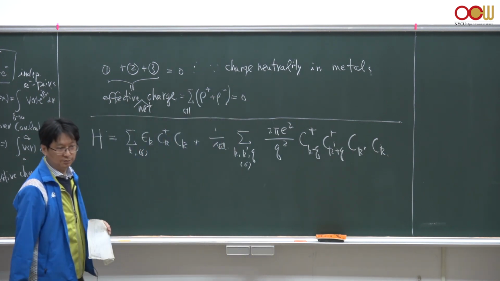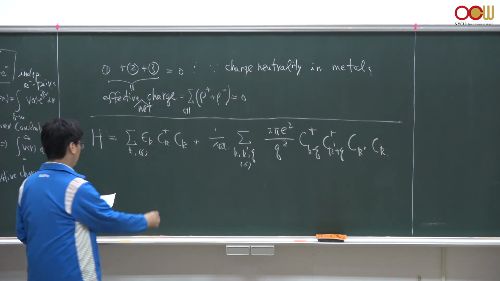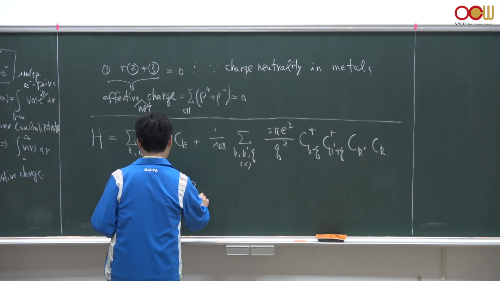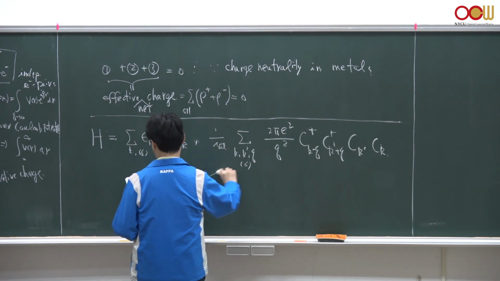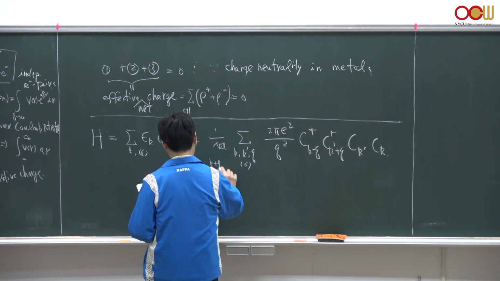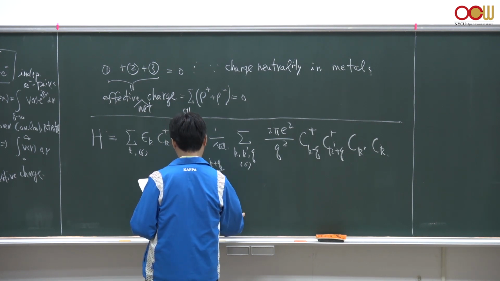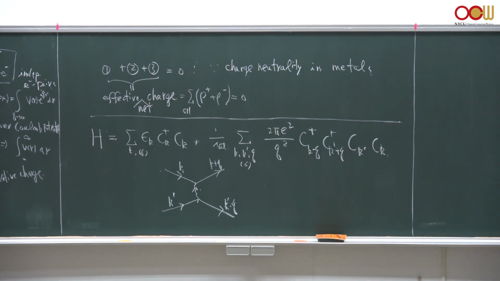We will discuss the spin degrees of freedom later. And as I mentioned, two almost free electrons come in, and they get Coulomb scattered, and after scattering, they become another two electrons. So that's the full Hamiltonian we have for metals in the presence of Coulomb interactions.